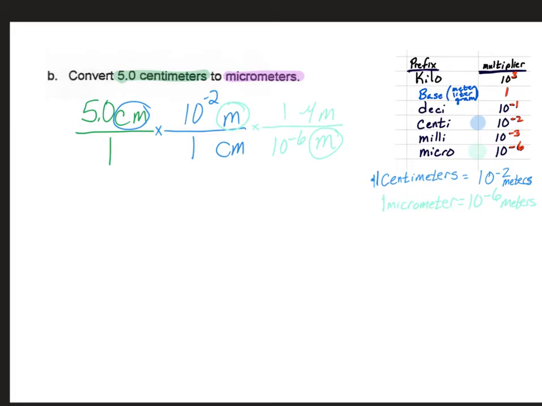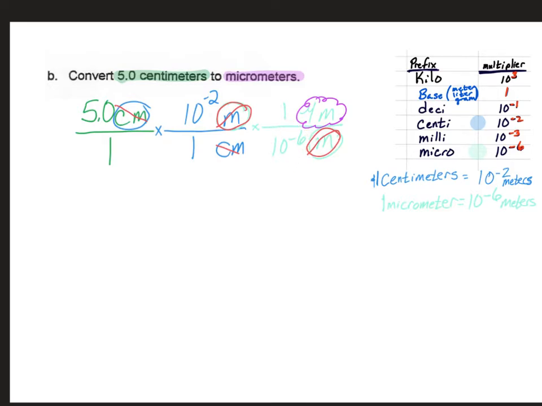So in the first step, we cancel the centimeters out. In the second step, we're going to take the meters and cancel those out. We are now left with our answer in micrometers. Next thing we're going to do is put this into our calculator, where we start with our 5 centimeters, divide that by 1, multiply that by 10 to the negative 2, divide that by 1, multiply that by 1, and divide that by 10 to the negative 6.